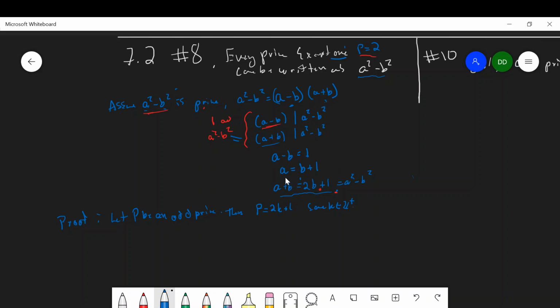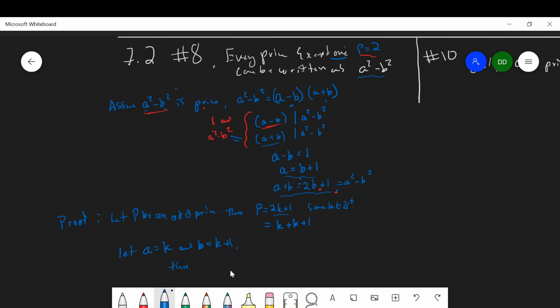And I know the relationship between a and b because of this. So I'm going to decompose this 2k plus 1 into a plus b. So notice that this is the same thing as k plus k plus 1. So I'm going to let a equal k and b equal k plus 1.